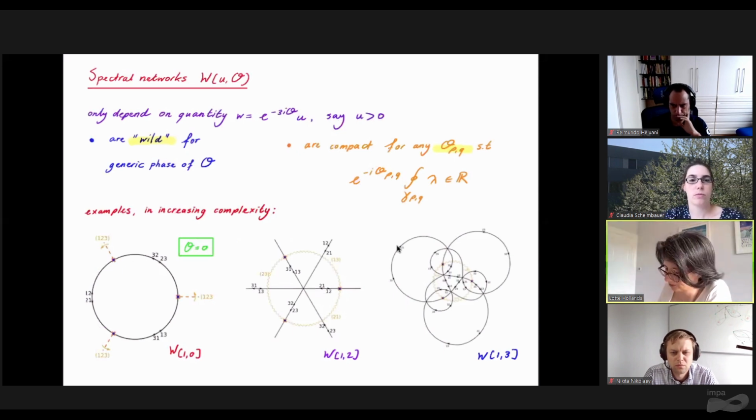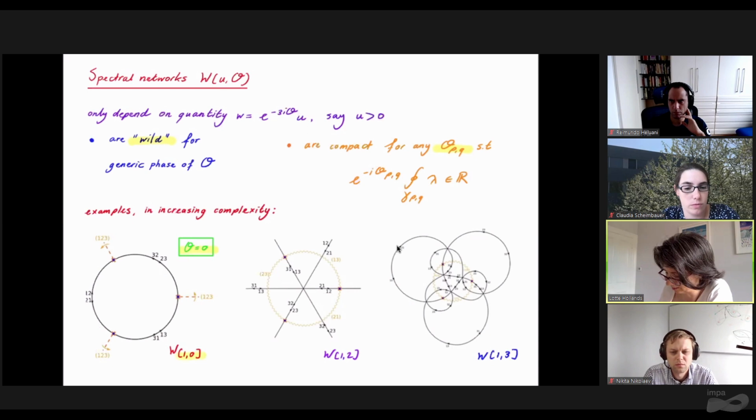Some examples of this. If theta is equal to 0, the networks increase in difficulty when you make P and Q larger. The simplest one you can find is for P, Q equal to 1, 0, and it's this circular network.